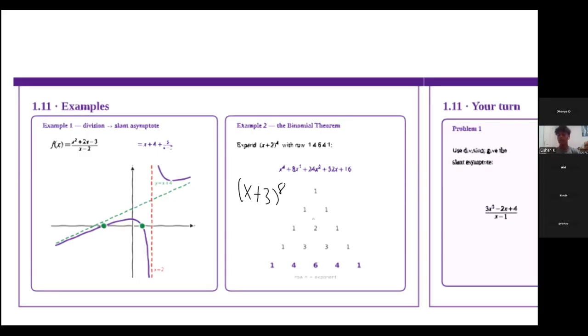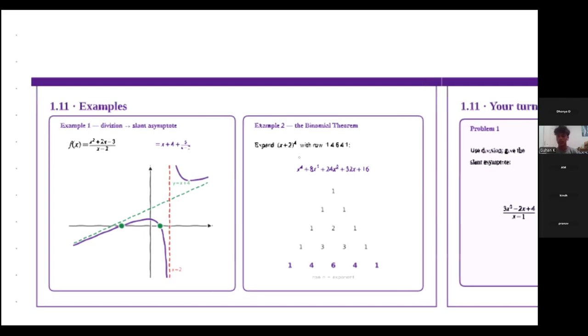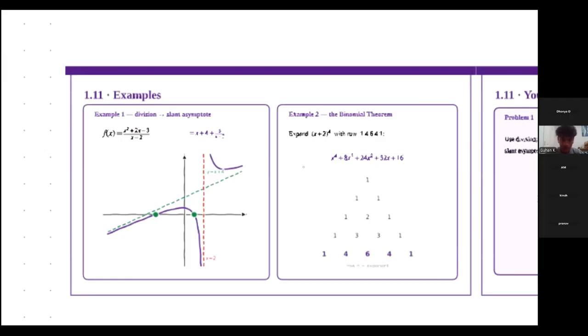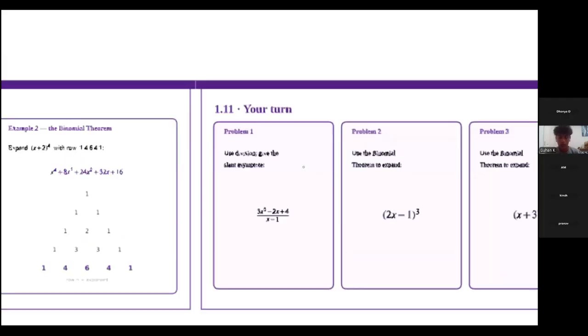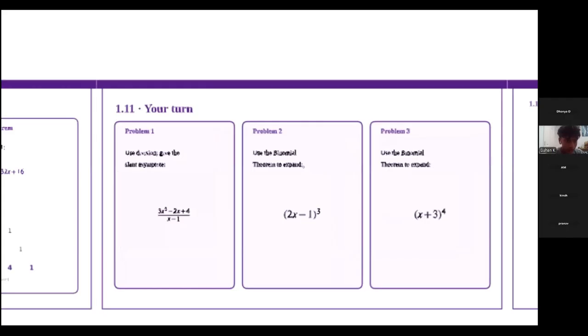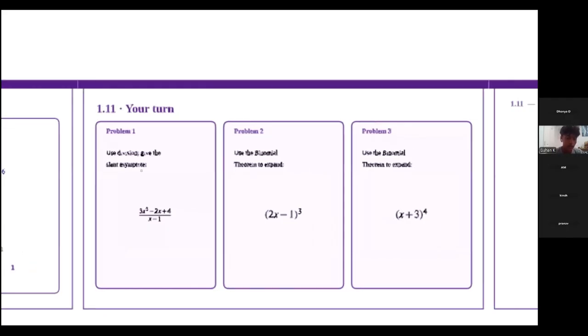And on a pre-cal test, they're going to give you multiple of these questions where it's like x plus 2 to the fourth, and if you manually do each one, it's going to take you too much time and you're not going to be able to finish the test on time. So these are similar examples to what we already went over, so I'm going to skip them. So here's three questions for you guys to answer, which is over the two things we went over so far.